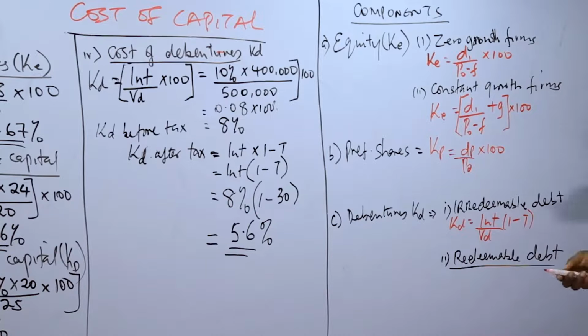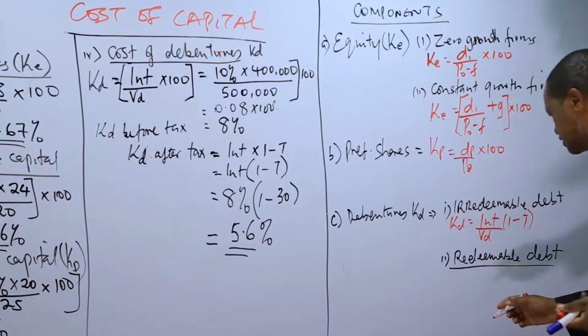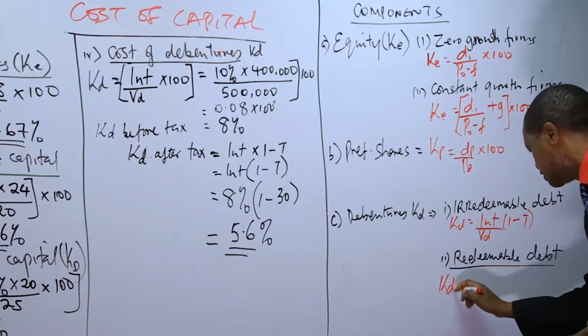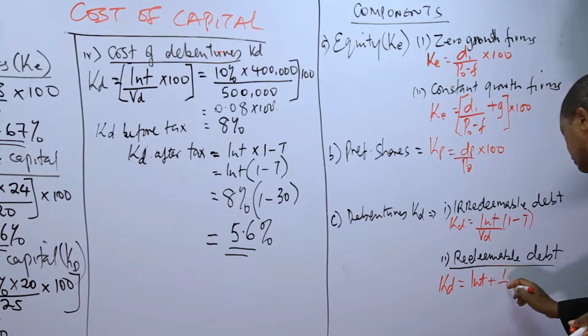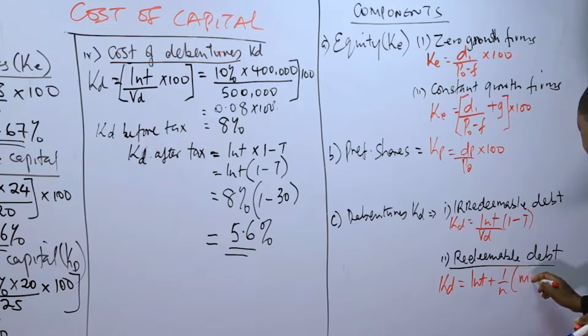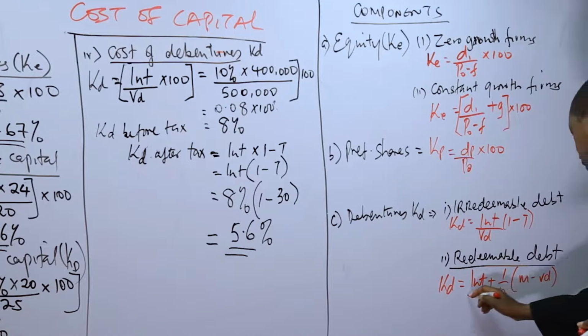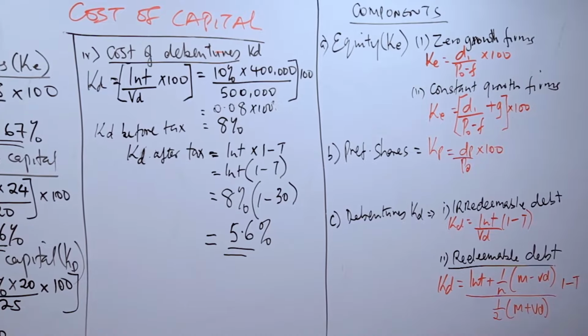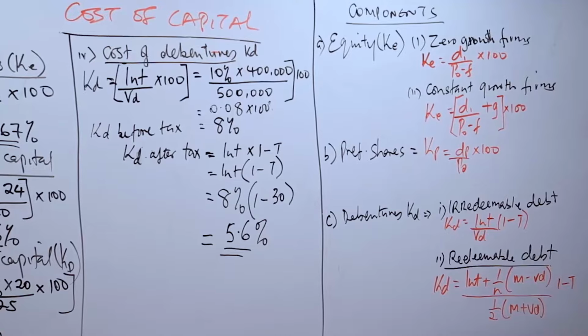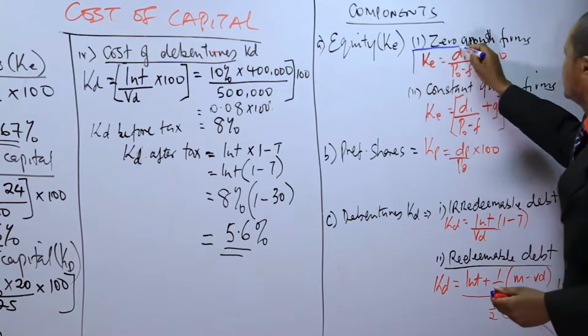They are expected to be bought back after a certain period, and you say that the formula is equal to KD: interest plus 1 over N into M minus VD, over 1 over 2 into M plus VD, times this you multiply with 1 minus T. Okay, so that is what we have learned today. That is the first formula which you need to master.